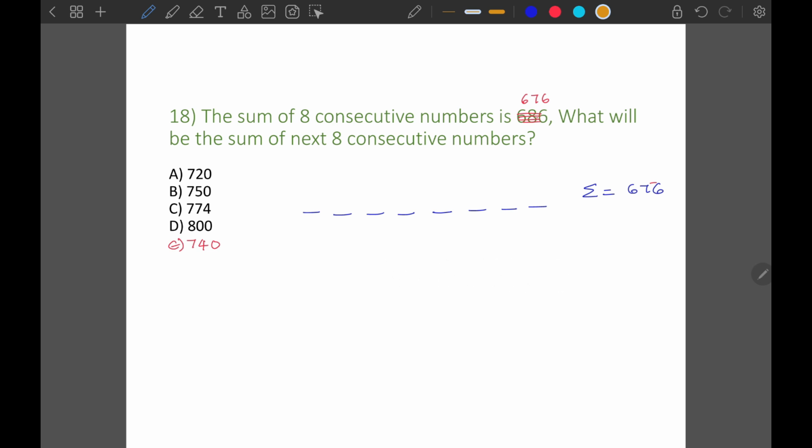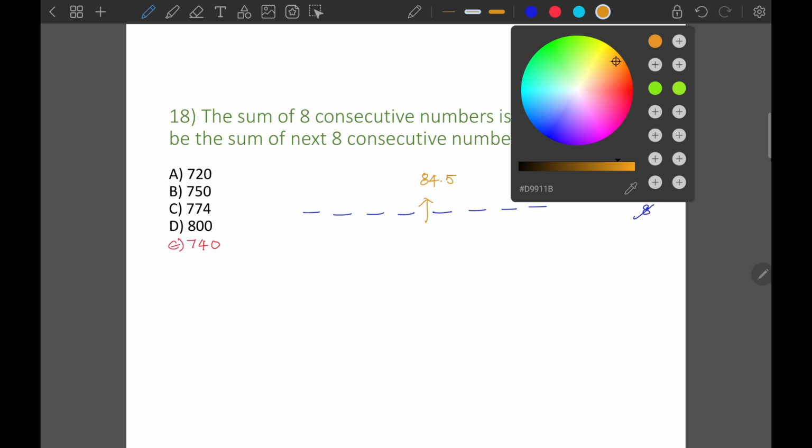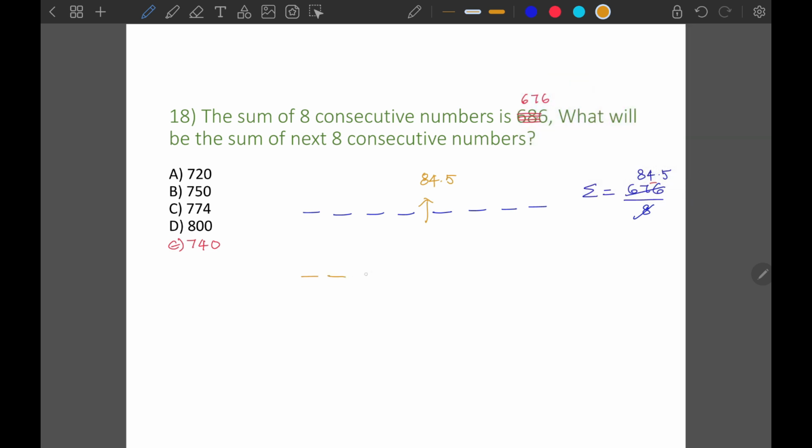So let us try. First, since they have given the sum, we need to find the average. 8 8s are 64, we have 36. And 8 4s are 32, we have 4. 4 by 8 is 0.5. 84.5 is the mean, so you can place it here. And let us go with the second set.